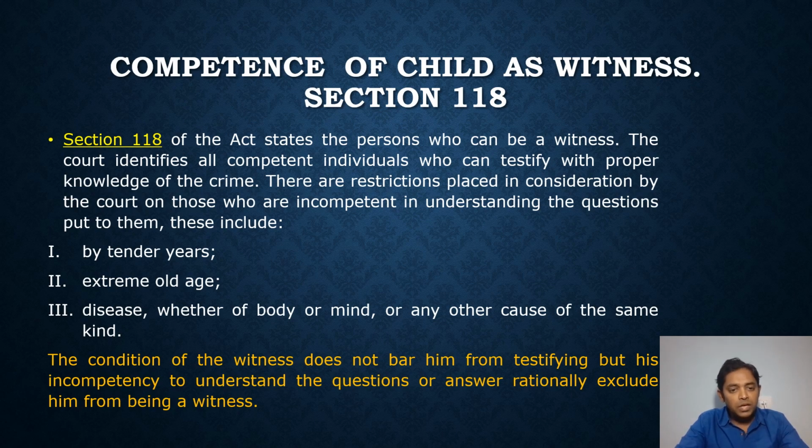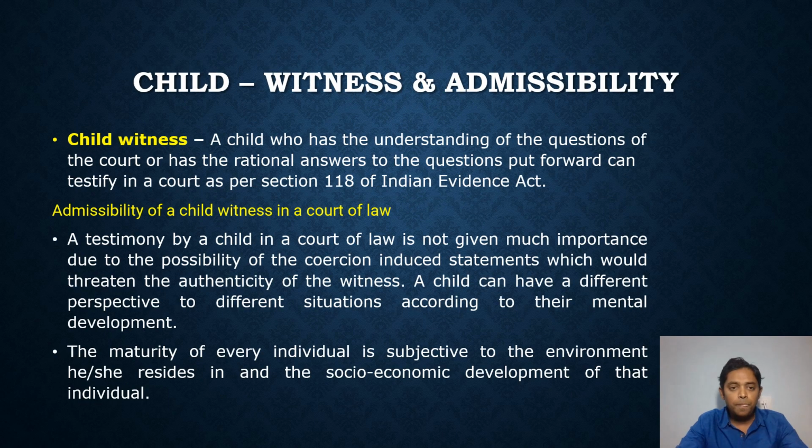These include tender years, extreme old age, disease, whether of body or mind, or any other cause of the same kind. The condition of the witness does not bar him from testifying, but his incompetency to understand the questions or answers rationally excludes him from being a witness.